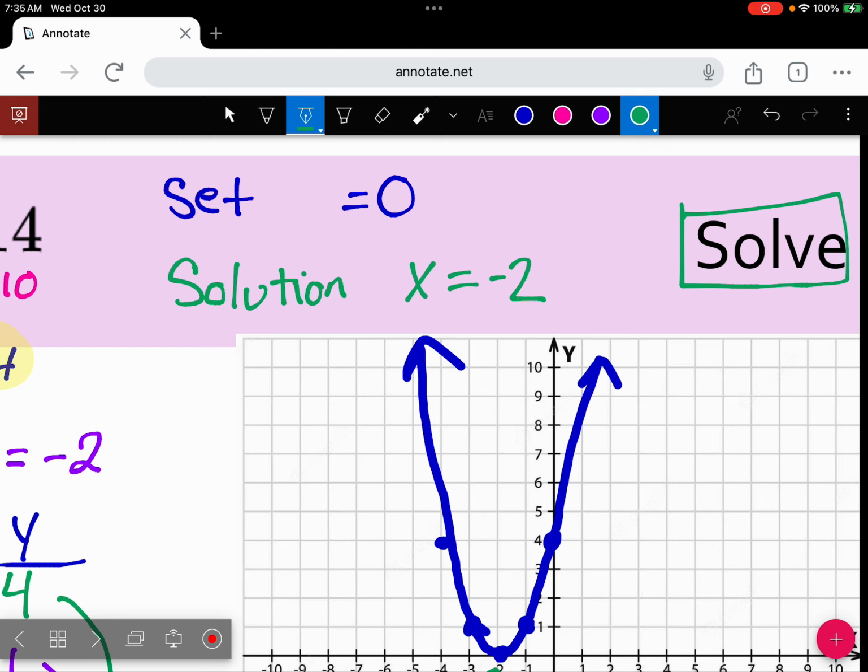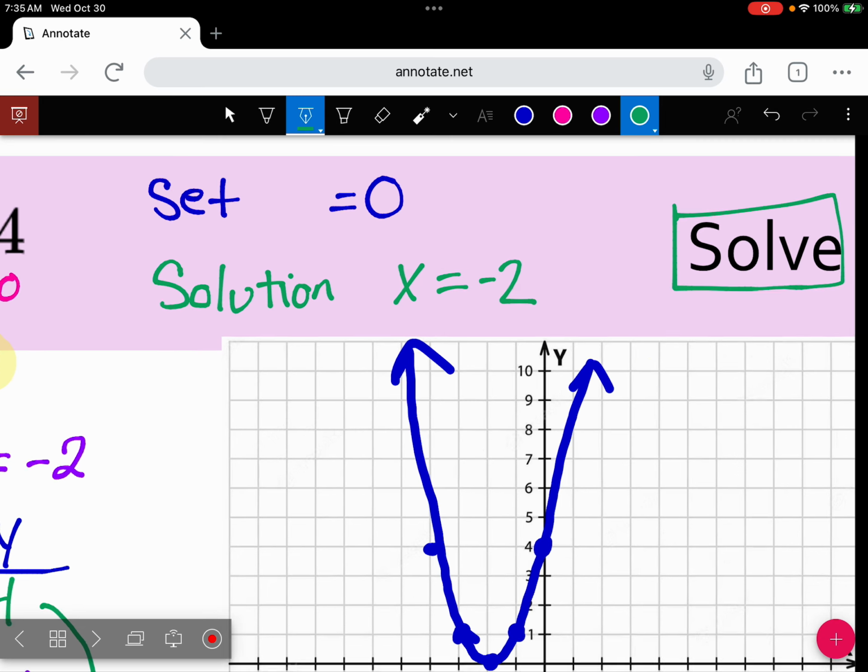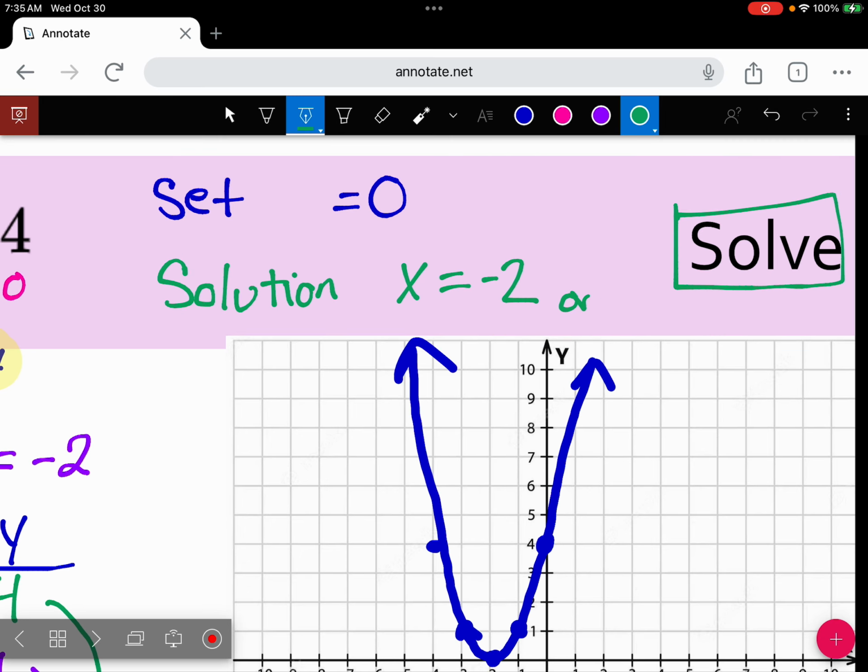And I'm okay if you write it like that. It has to have all those pieces. Our solution's not -2. It's when x equals -2. Or put it as a point, (-2, 0). So this is how we're going to write our solutions.